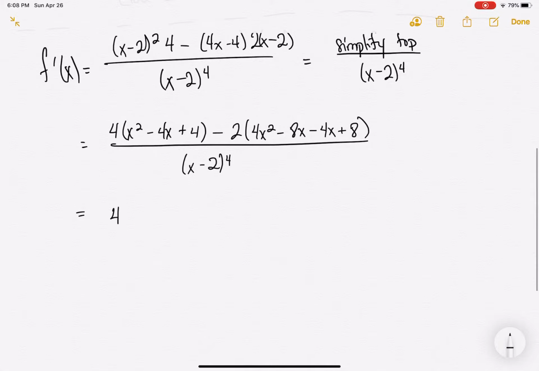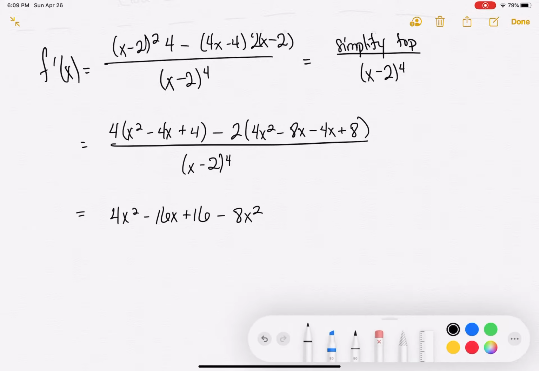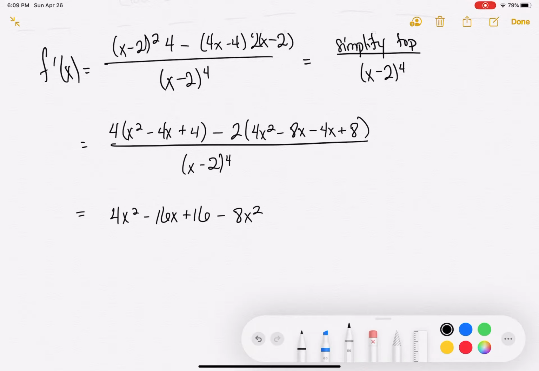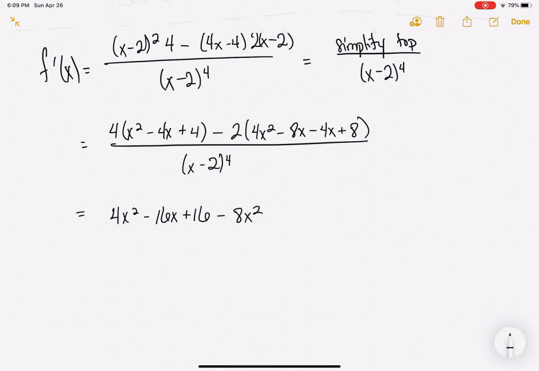This is 4x squared minus 16x plus 16 minus 8x squared. There's really a minus 12x inside of here, right? Minus 12x right there. So this is really minus 12x is going to be plus 24x. And then minus 16. So that's nice.